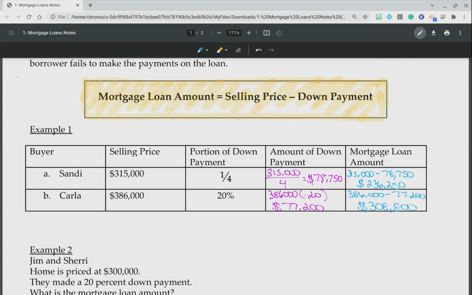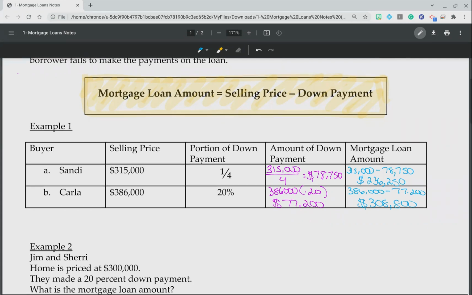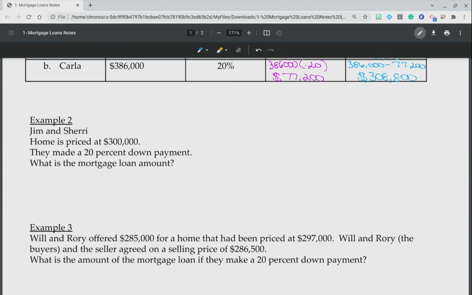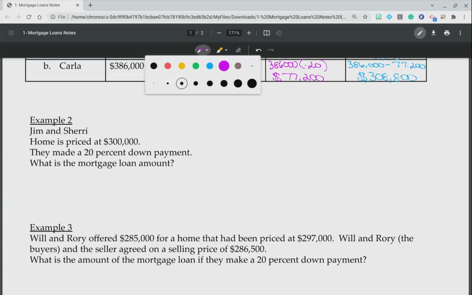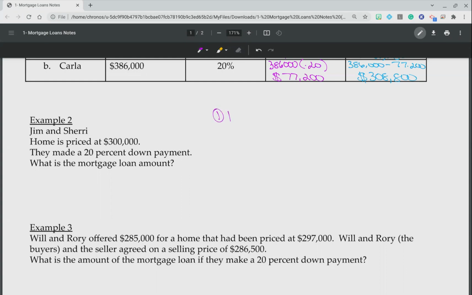Okay, let's try a few more examples. Jim and Sherry are buying a house that's priced at $300,000. They made a 20% down payment. We are asked, how much is the mortgage loan for? So again, the first thing we have to do is figure out our down payment amount. Here is our selling price, and we're putting down 20%.